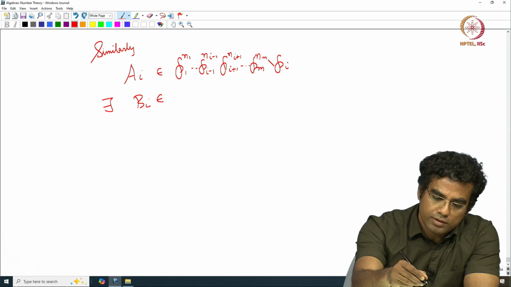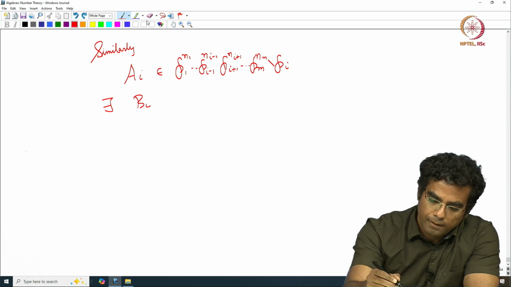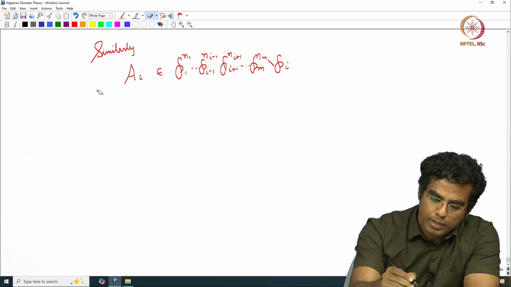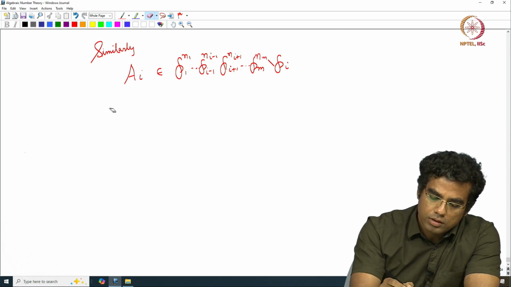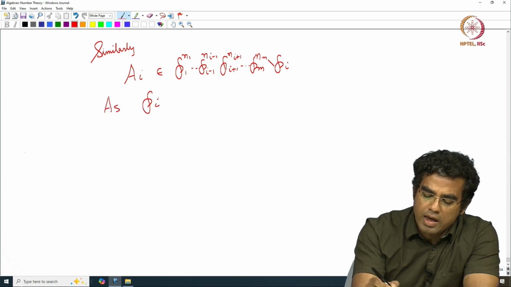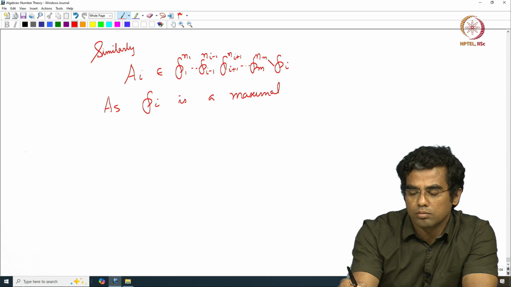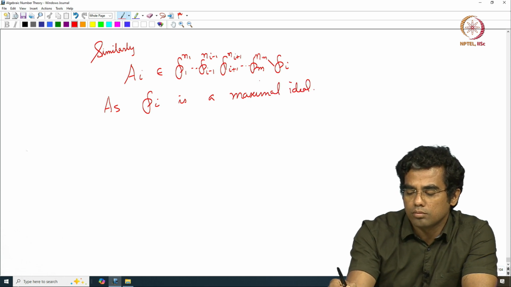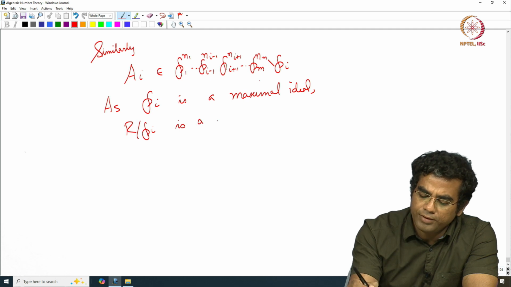So, I should say the following first. As pi is a maximal ideal, R mod pi is a field.